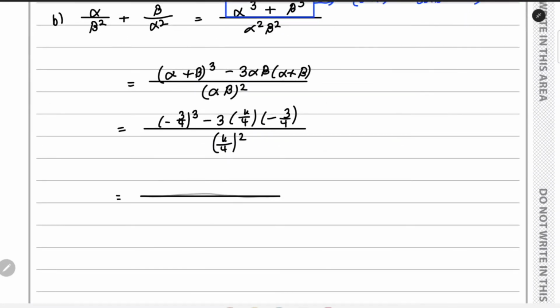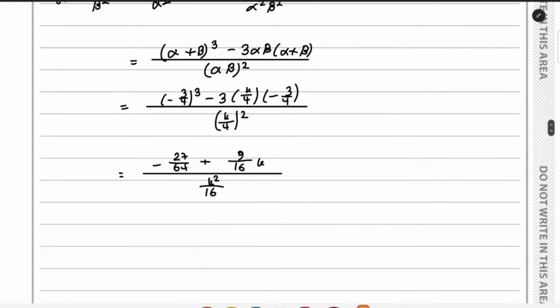Minus 3 by 4 cube is minus 27 by 64, and minus 3k by 4 times minus 3 by 4 is plus 9 by 16k, and in the denominator we'll have k square by 16.